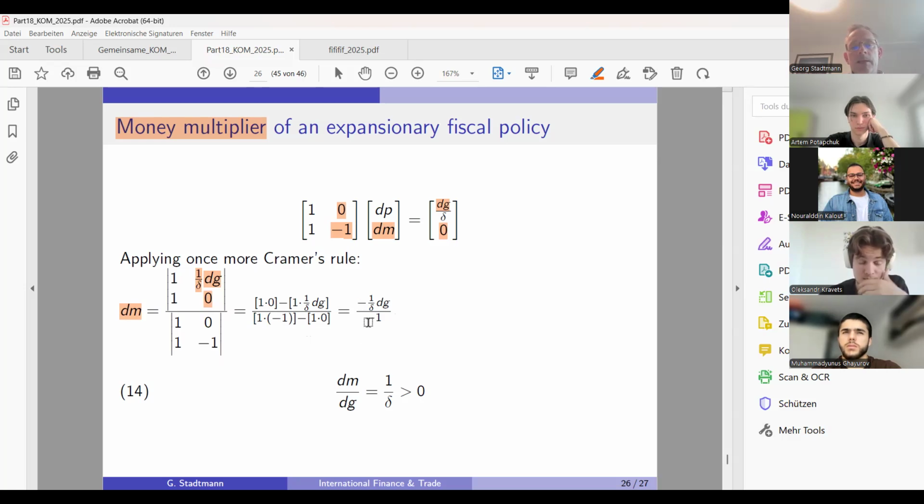The minus signs cancel out. We are putting dg on the other side of the equation. And then we get dM/dg equal to 1 over delta, which is positive. So here, money supply increases in case the government increases government spending.